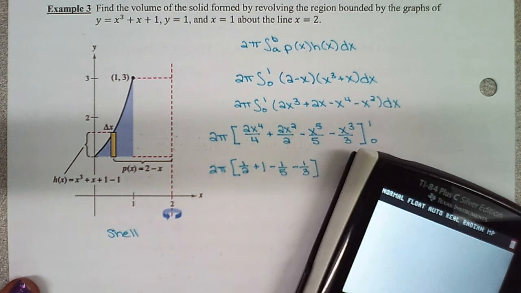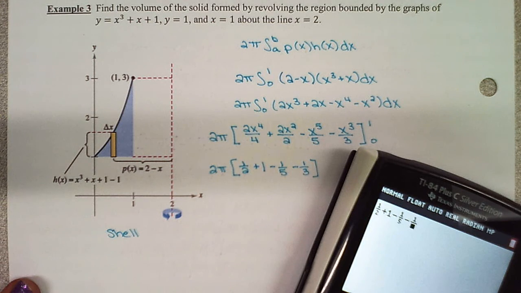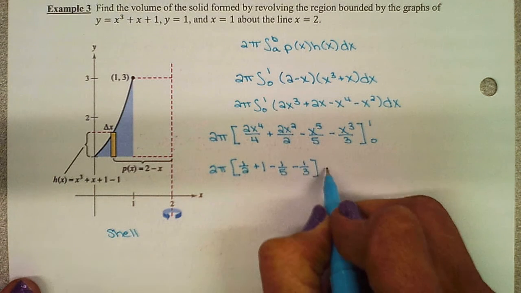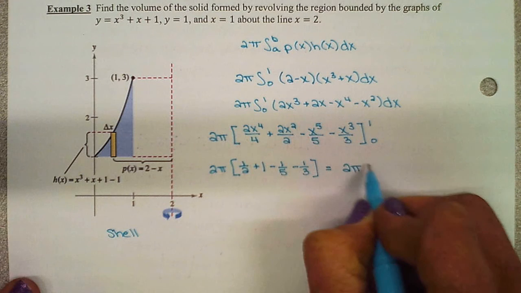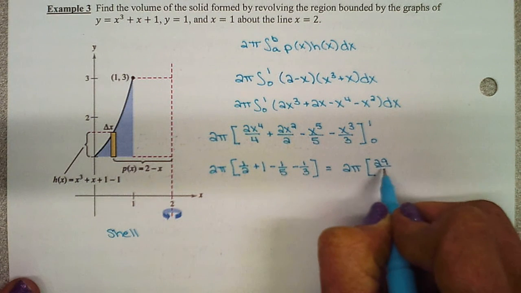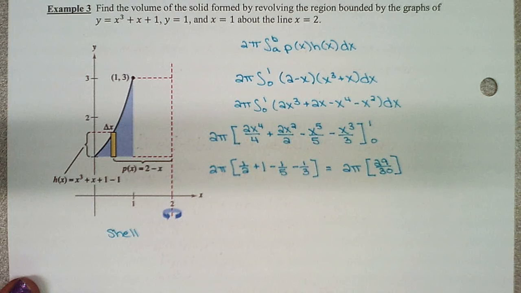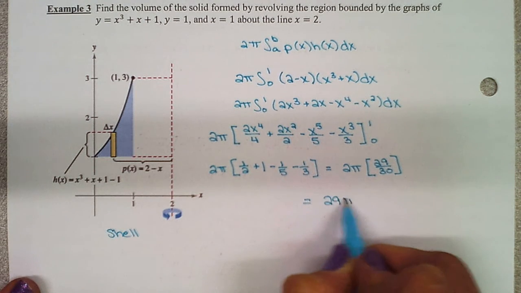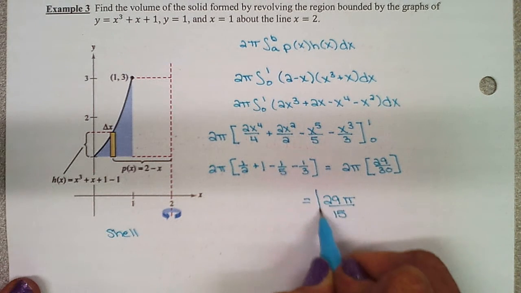So if I figure this out, I'm going to have a 1/2 plus a 1 minus a 1/5 minus a 1/3, and that's going to give me the fraction 29 over 30. So I've got 2 pi times 29 over 30, and now if I multiply that 2, it's going to reduce the 30 to a 15 to leave us with 29 pi over 15.